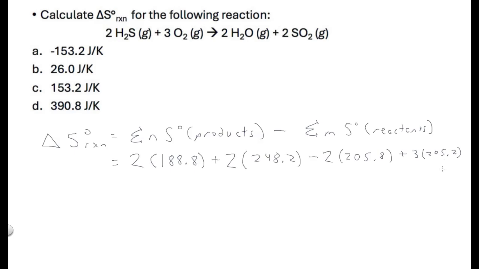Would you put parentheses around each product? Parentheses, like around 2 times 188.8 plus 2 times 248.2, and then close parentheses, and then do the same for the reactants. So like this? Yes.